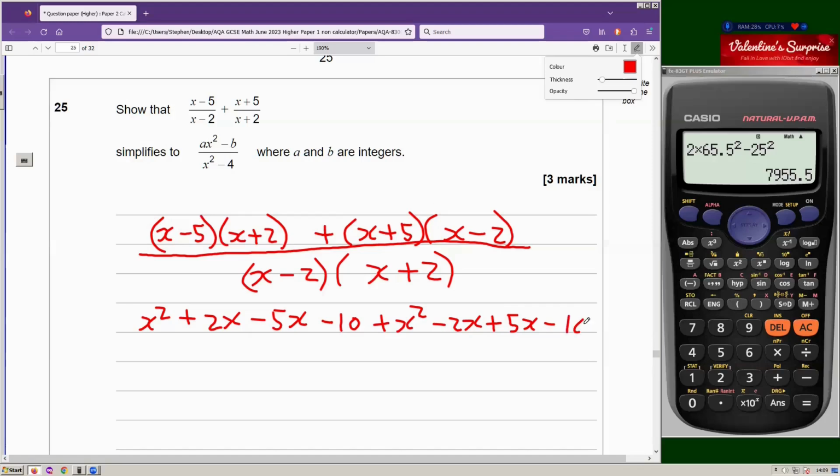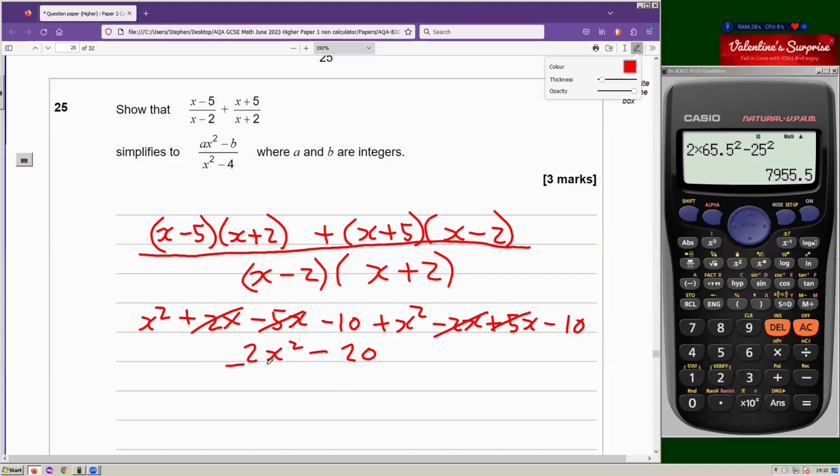Yes, that's right. Let's see what disappears. We've got a minus 5x and a plus 5x, so that disappears with that one. We've got a minus 2x and that plus 2x disappears. We've got an x squared there, an x squared there, which gives us 2x squared minus 20.